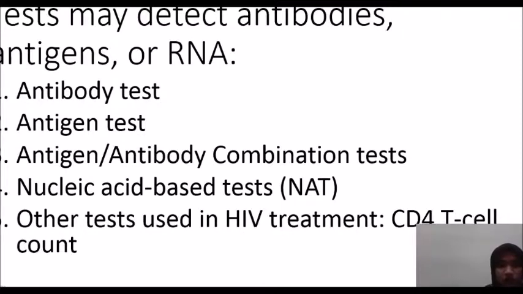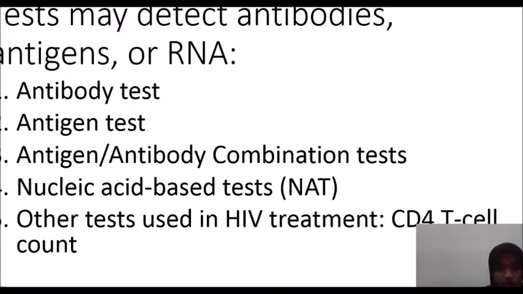So, the test that usually people do is the antibody test, and in our previous semester we ran this ELISA test, which is enzyme-linked immunosorbent assay. It has very high sensitivity.